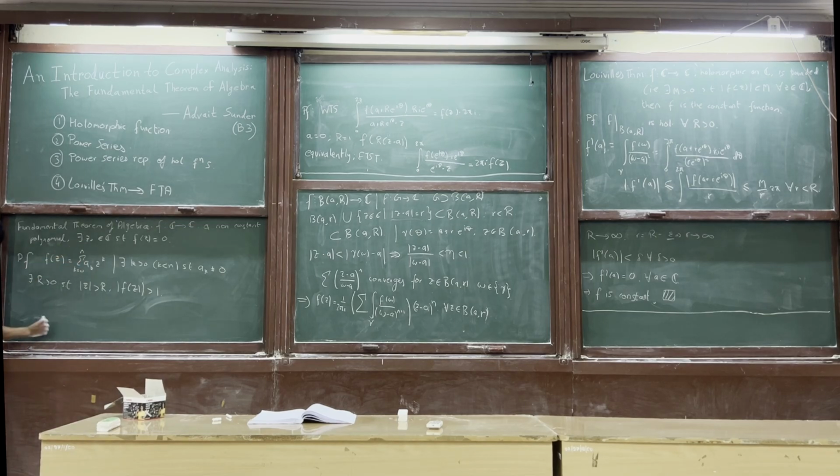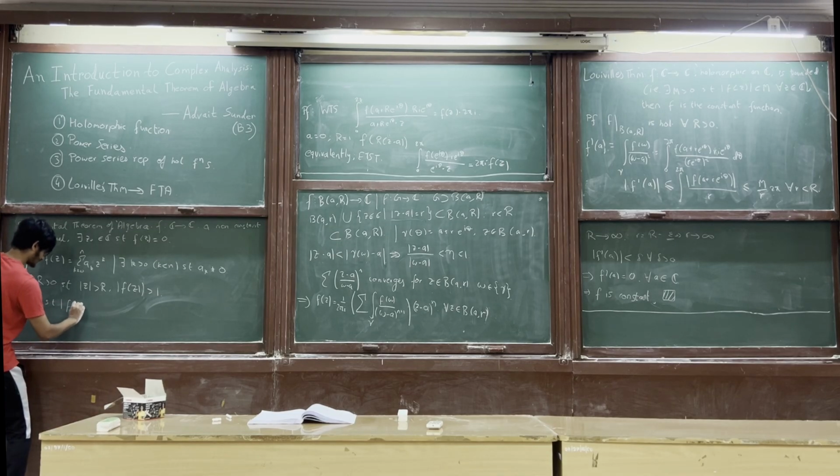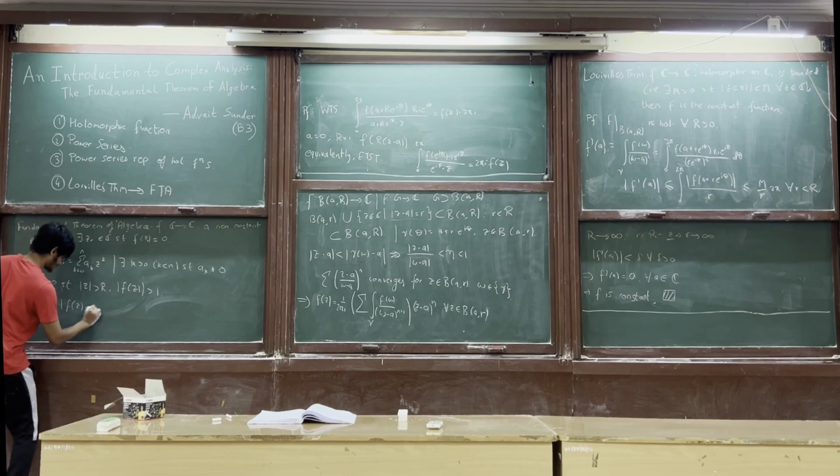We can then say, by the continuity of f, that there exists some small r greater than 0 such that mod f of z is greater than r for all z. Right?